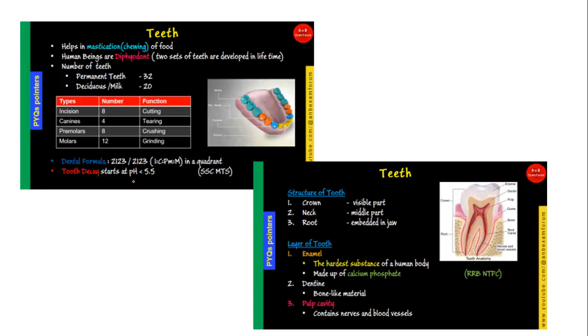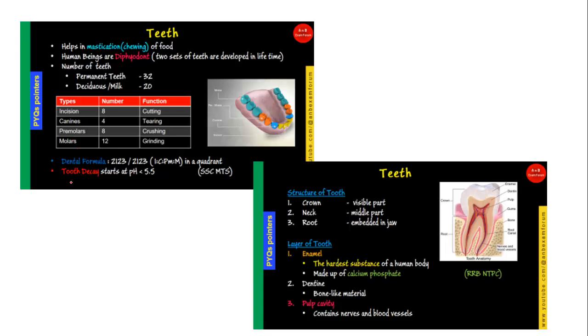And a similar pointer we have seen in the theory class, that there are different types of teeth like incisors, canines, premolars and molars. And we have also seen the dental formula, which is 2123, which basically consists of the pair of the types of different teeth. Okay.